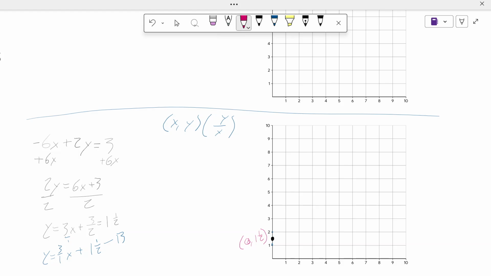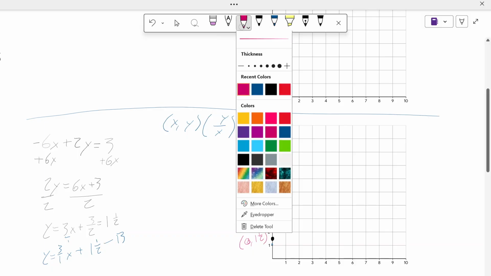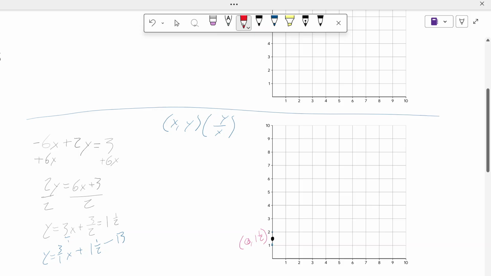And then we're going to follow our steps as we did before, and we're going to go up 3. So 1, 2, 3 from 1 1/2, which is 4 1/2.